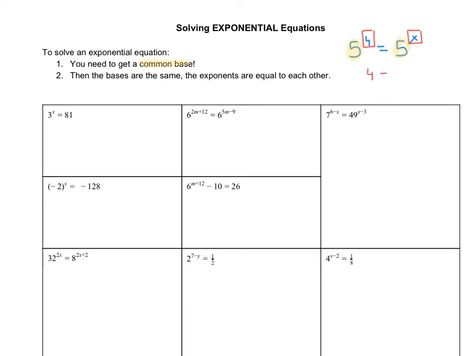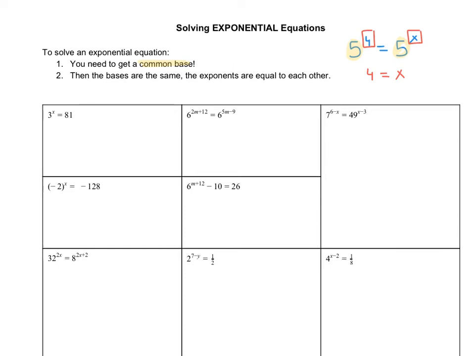So in this simple example, x would equal 4. That way, if I did 5 to the power of 4 on the right side, it would equal the left side. Now, sometimes you're going to have to change the bases so that they are the same, so knowing your exponent table is very important here.